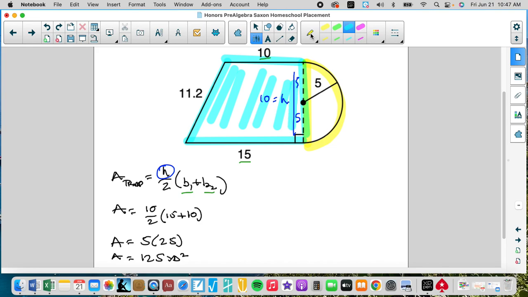And now we're going to find the area of the half circle. So area of a circle is pi r squared. So if we want half, we're going to divide by 2. So pi is 3.14. My radius is 5 squared divided by 2.